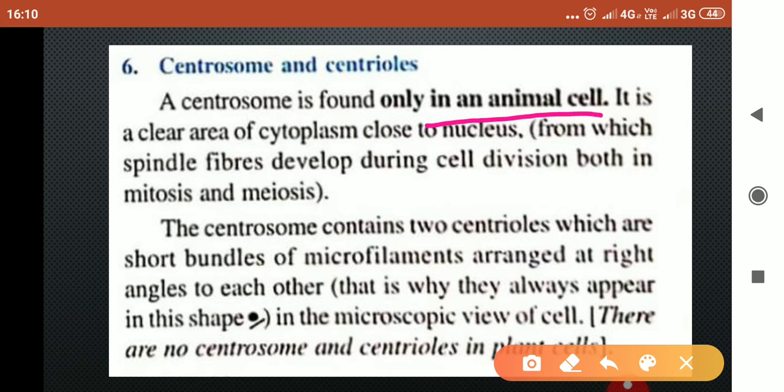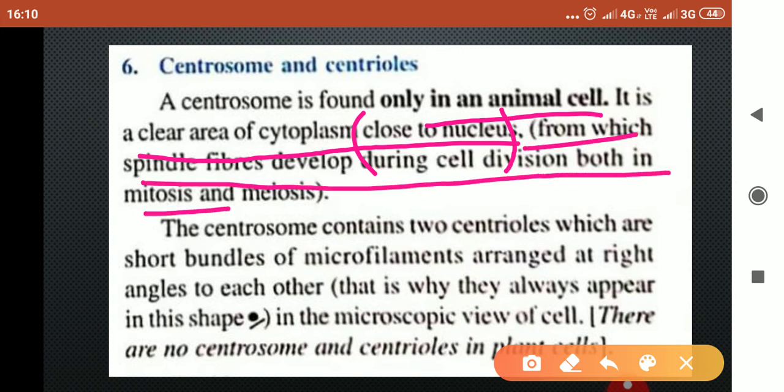It is a clear area of cytoplasm close to nucleus. I have told you in the location that it is present near nucleus, from which spindle fibers develop during cell division both in mitosis and meiosis. Children, I have explained you this also.